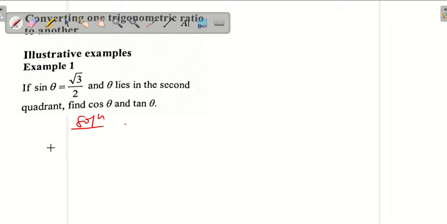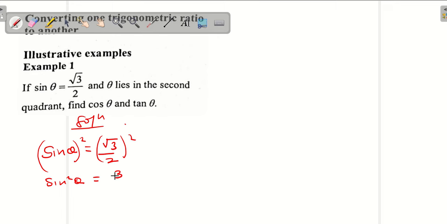Now we have been given that sine theta is equal to root 3 over 2. The first step is to square both sides. Then I get sine squared theta equal to root 3 squared, which is 3, over 2 squared, which is 4. So sine squared theta is equal to 3 over 4.